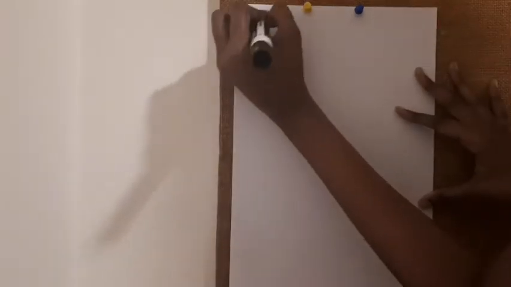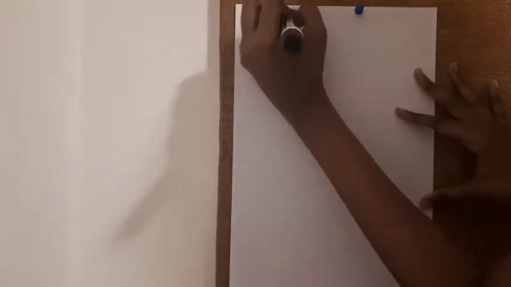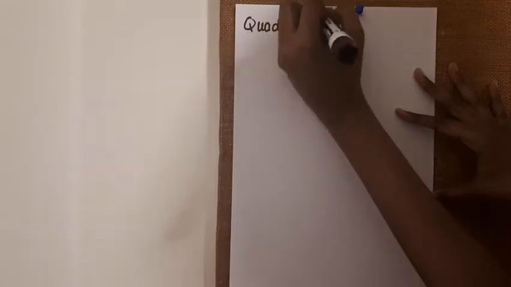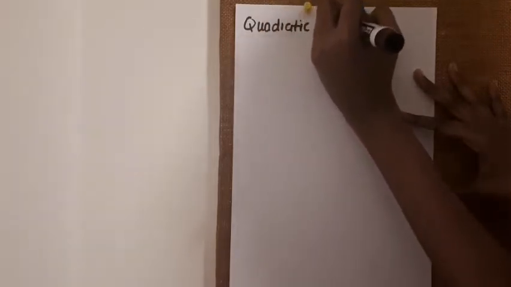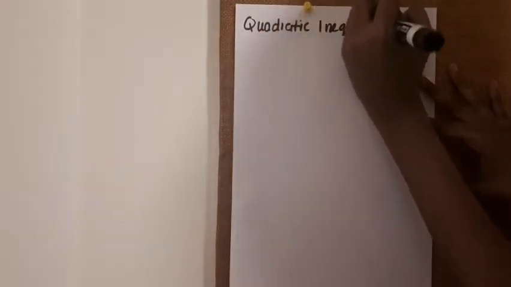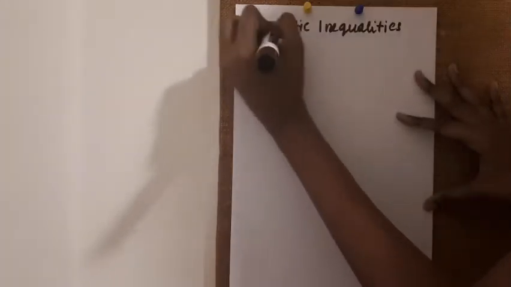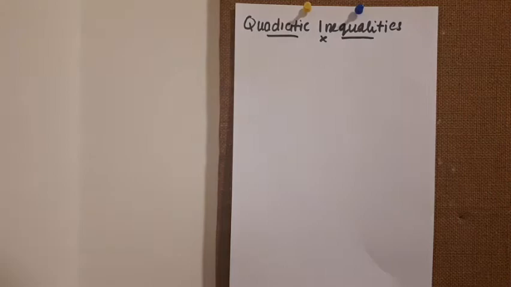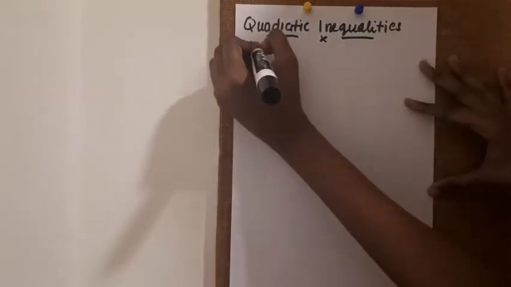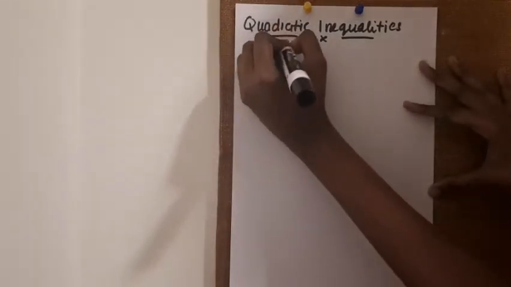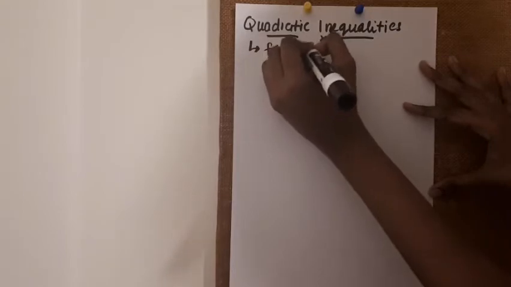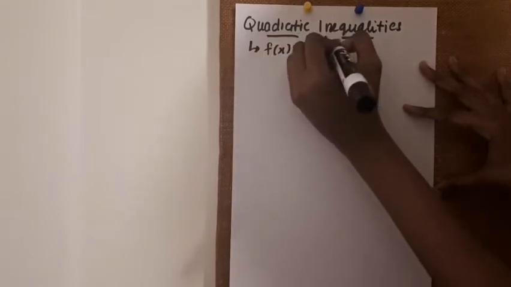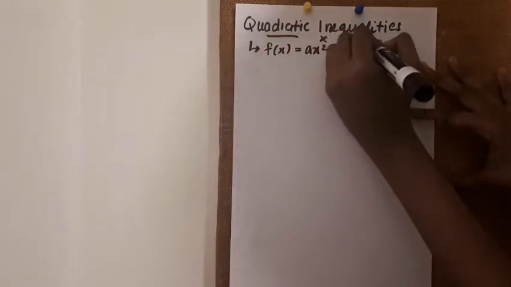So far we have been looking at the quadratic functions. If you know what a quadratic function is, it is a function which has an unknown with at most the power of 2.